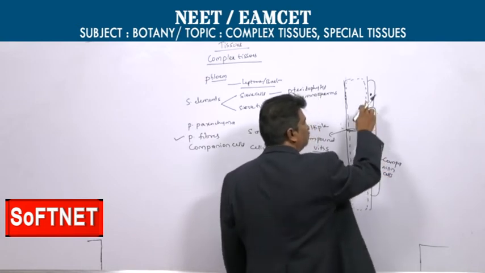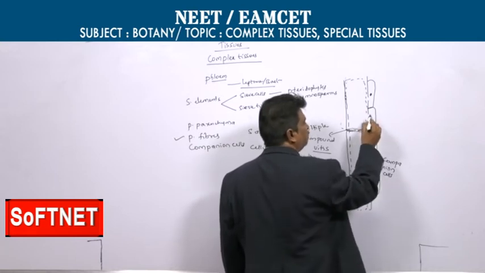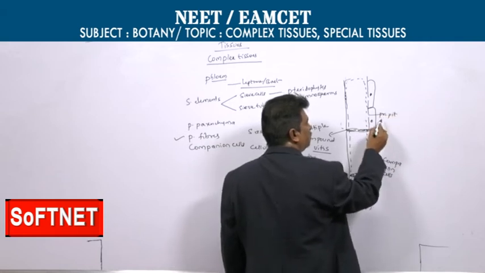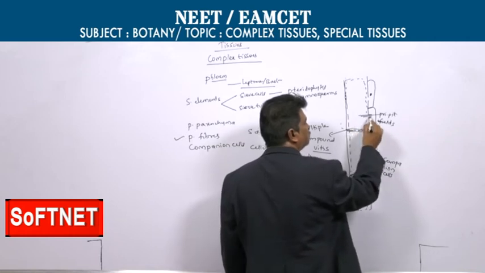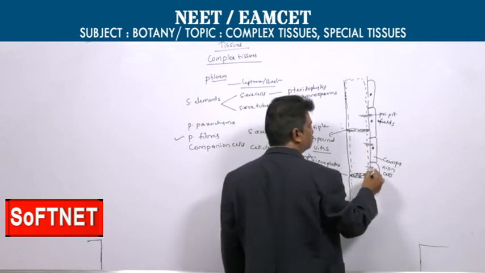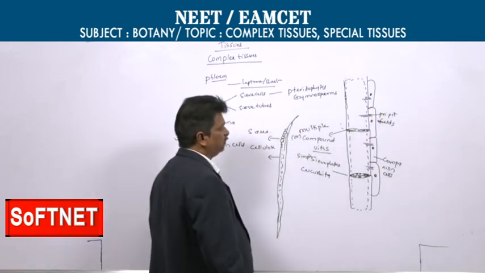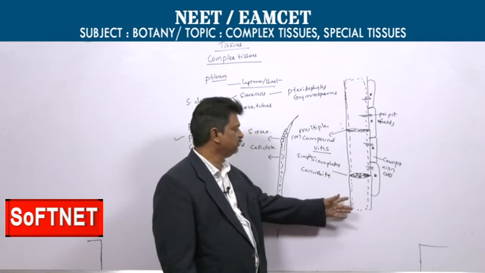Sieve tubes and companion cells are connected by primary pit fields, and through these primary pit fields the cytoplasmic strands traverse. A matured sieve tube is enucleated, but a matured companion cell has a nucleus, and the nucleus of this companion cell controls the metabolic activities of the sieve tube.